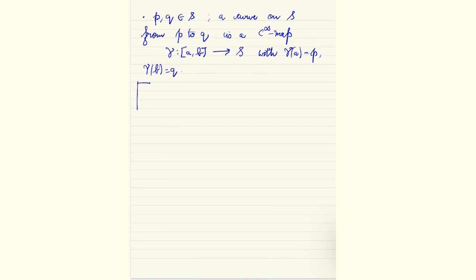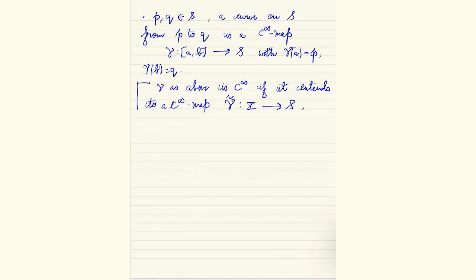So from this closed interval, for example, I'll just stick to this example, gamma as above is smooth if it extends to a smooth gamma tilde from some open interval I in R which contains AB.